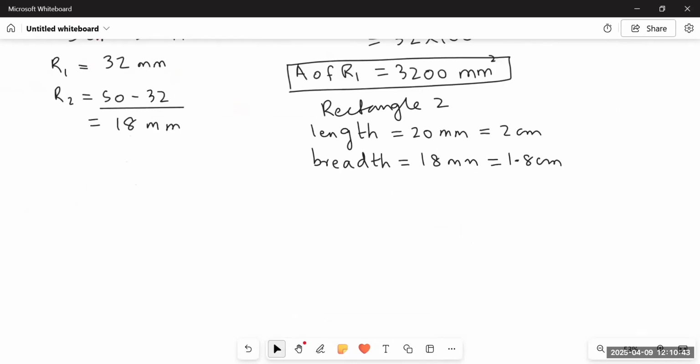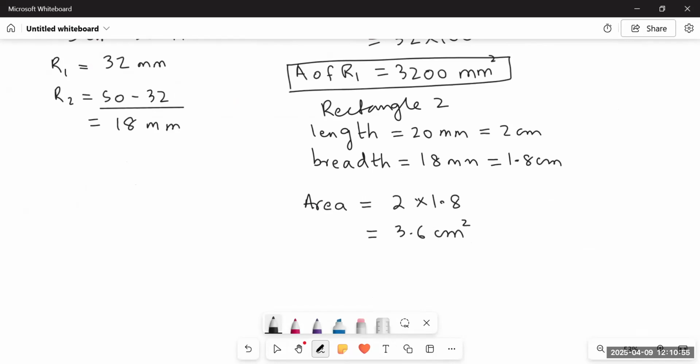So how can we find the area now? Simple. Area is equal to 2 multiplied by 1.8, which is 3.6 centimeter square. Then we can multiply it by 100 to get the answer in millimeters, which will be 360 millimeter square.